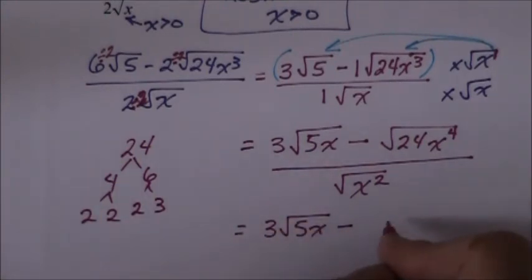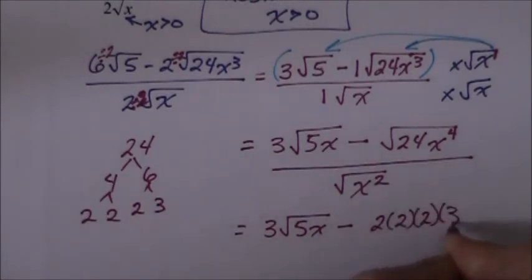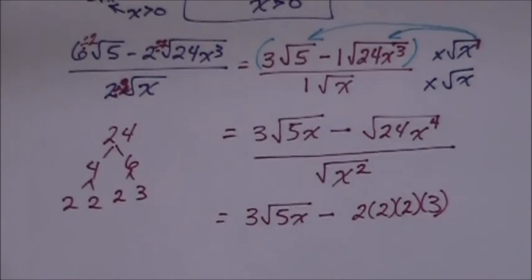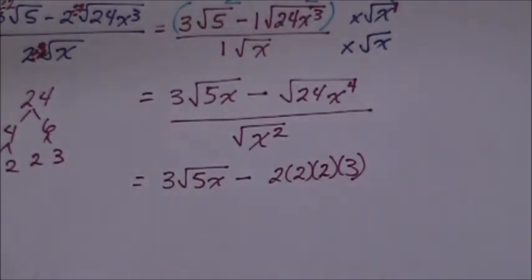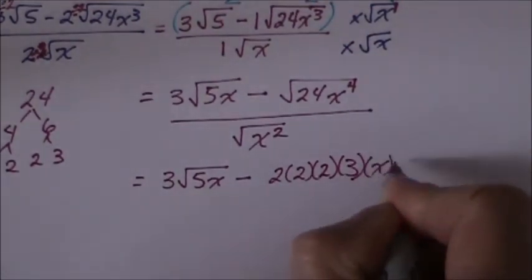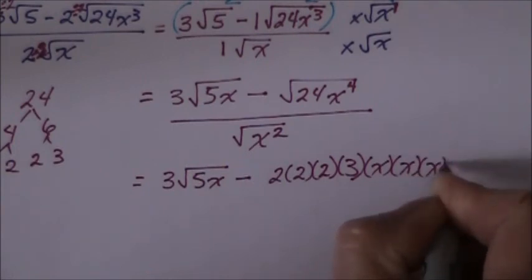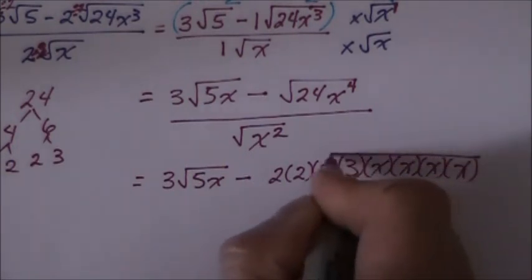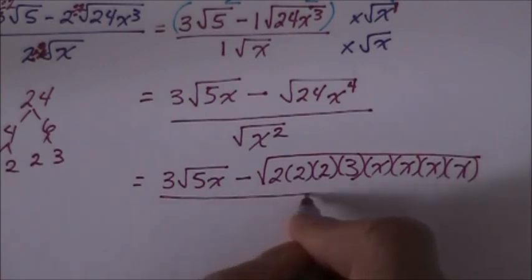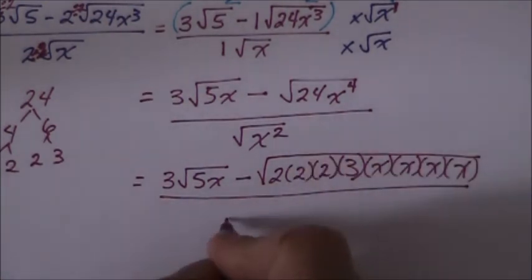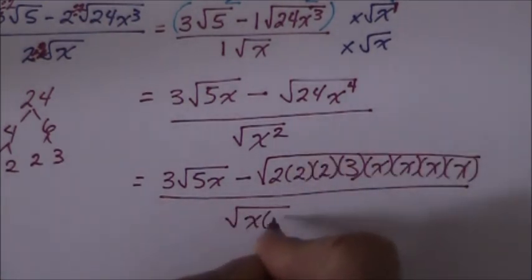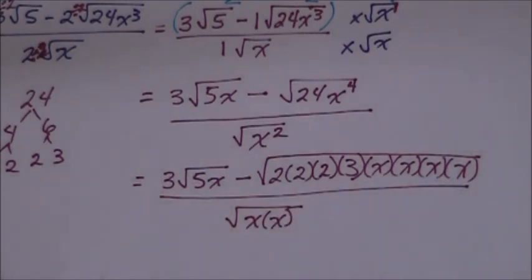However, instead of 24, I can write 3 2's and a 3. And instead of x to the 4th, I can write in 4 x's, all underneath one great big radical sign. In the denominator, x squared would be the same as x times x.